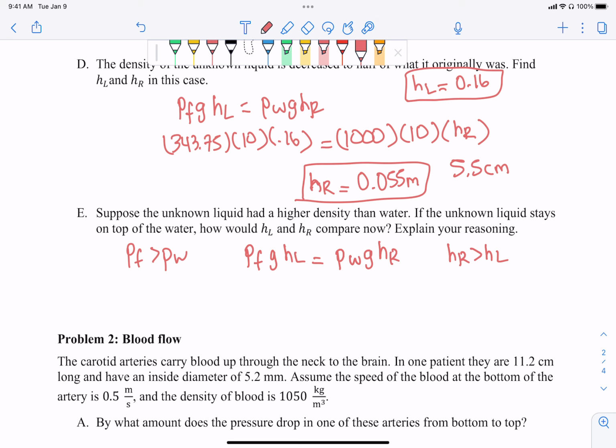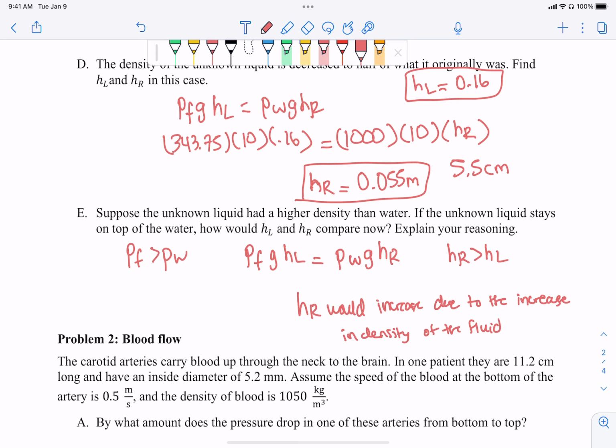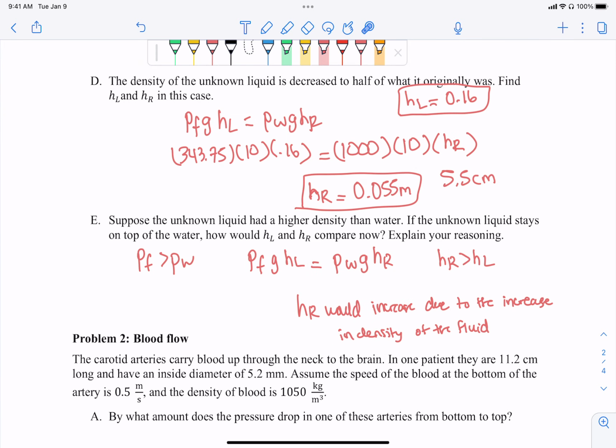What you can say, very generally, is that HR would increase due to the increase in the density of the fluid. So it's sort of like that pushing down, like I said before.